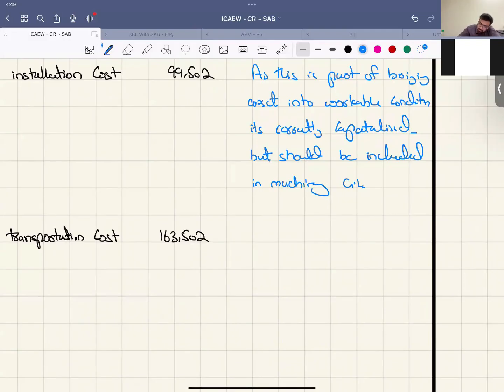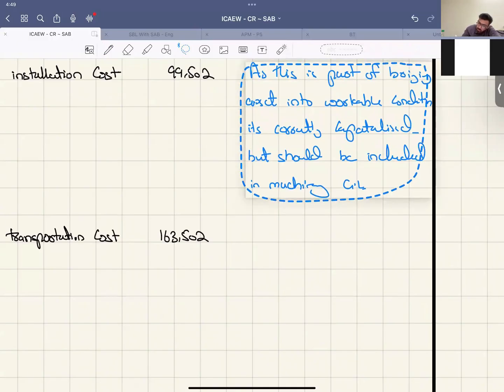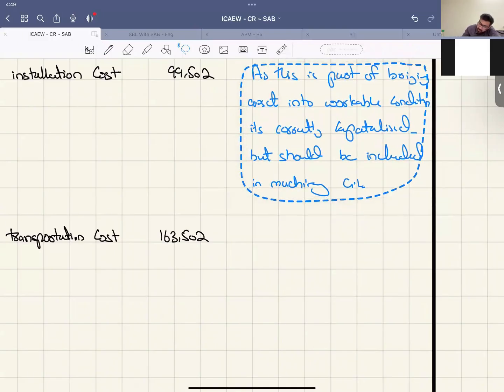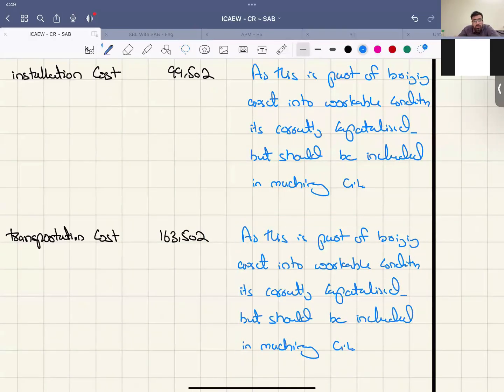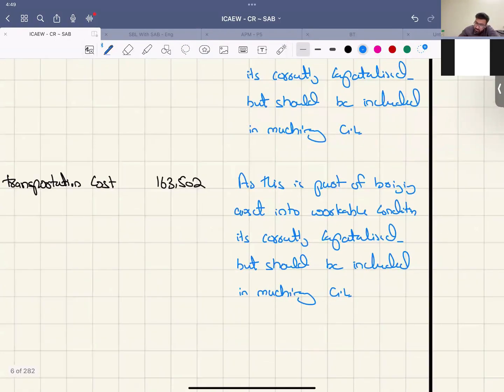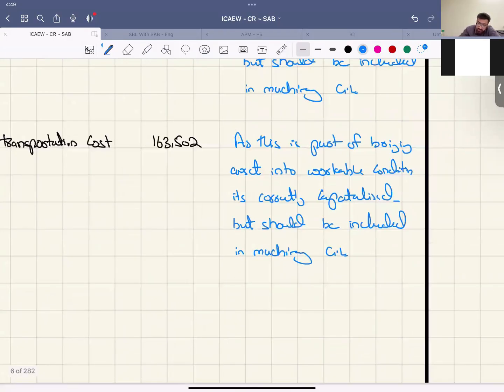So again, I'll copy paste this since I have the technology. So this is part of bringing the asset into workable condition. It's correctly capitalized, but again, it should be in the right GL.